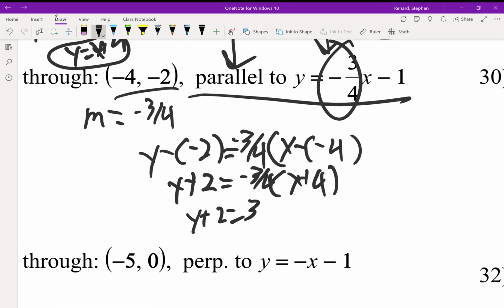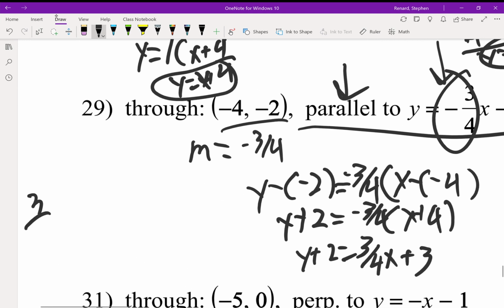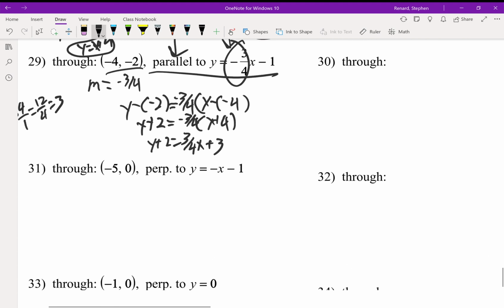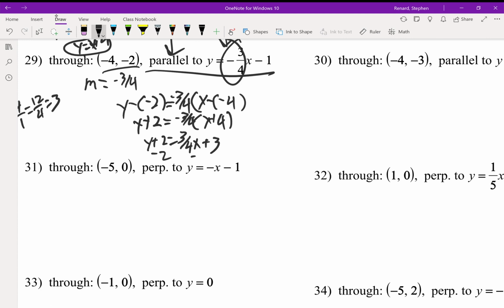So we have negative 3/4 x plus 3. How that works is if I have 3/4 times 4, that would give me 12 over 4, or 3. Subtract 2 from both sides. We end up with y equals negative 3/4 x plus 1.